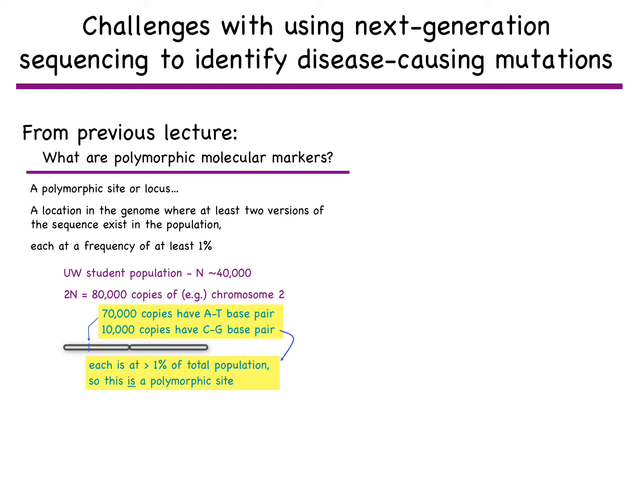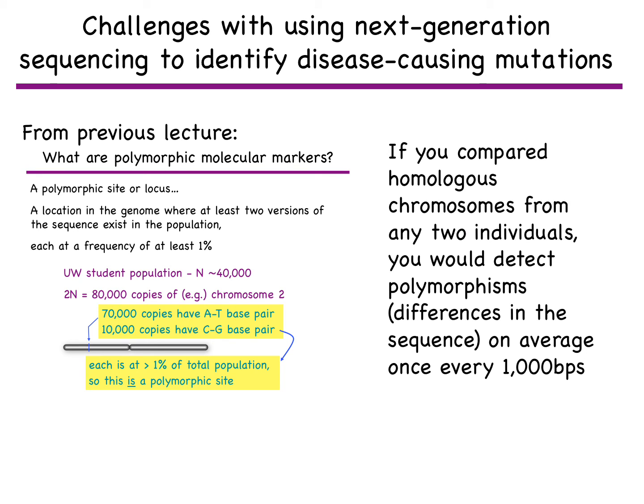I gave you an example of the UW student population. Just to describe what a polymorphism is, it's just a place in the genome where you see variation in different individuals in the population. I think I briefly alluded to this, but I'll make sure that I'm clear on it right here.